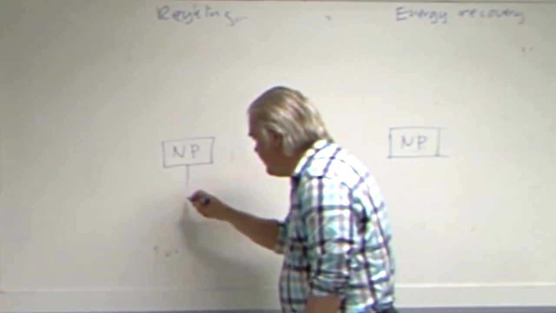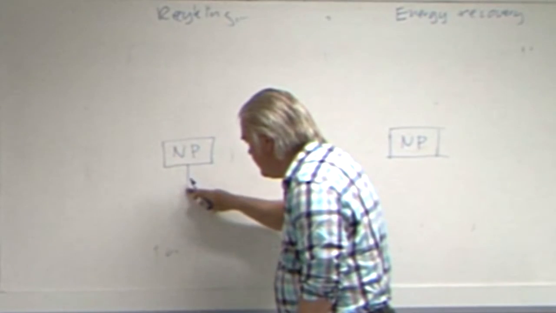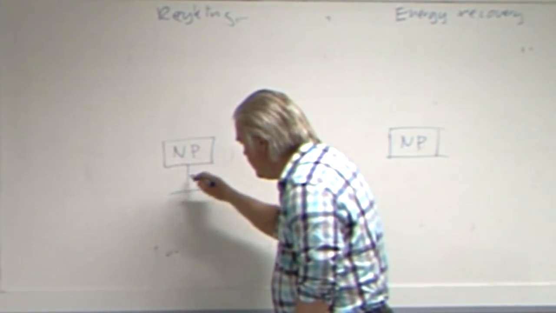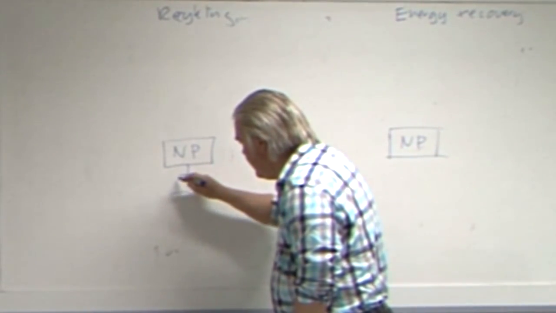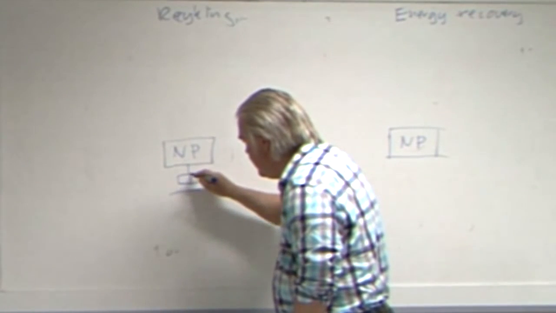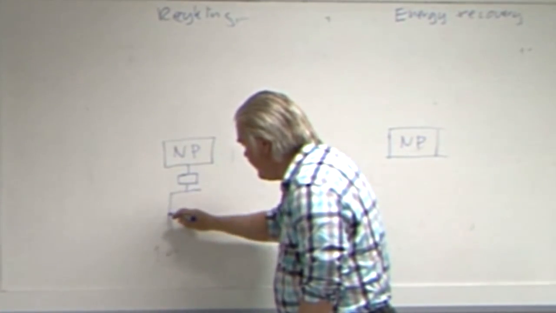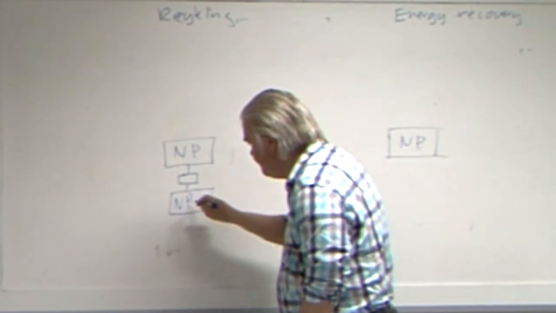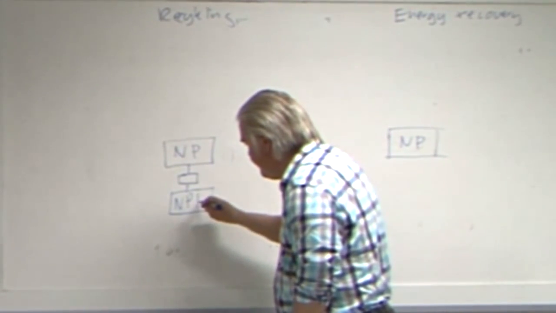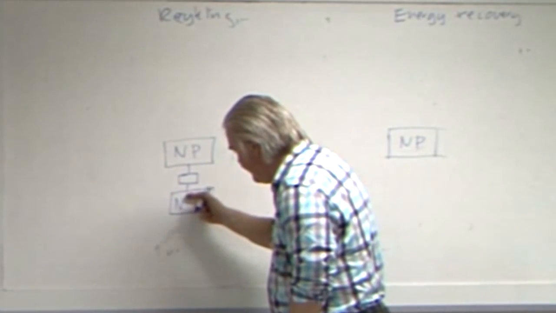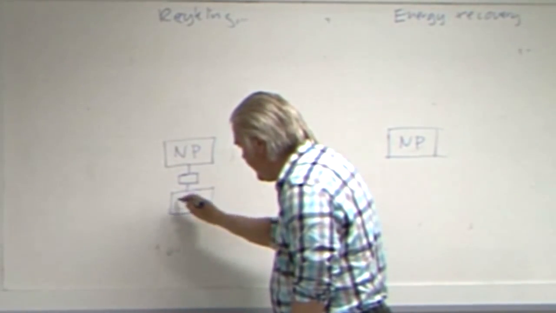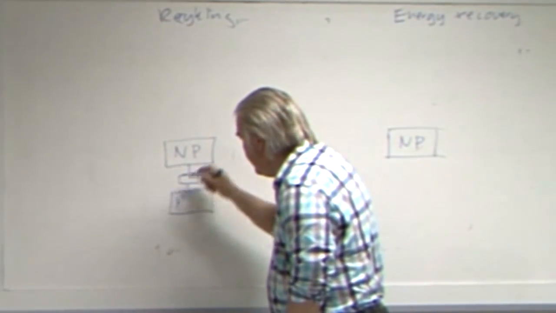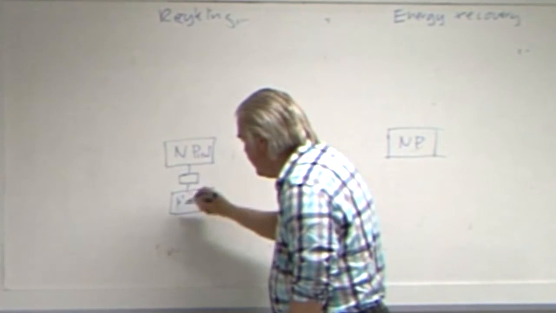The newsprint goes to use. There we have, first of all, the newspaper production, where we are producing the paper, the newspaper, newsprint.